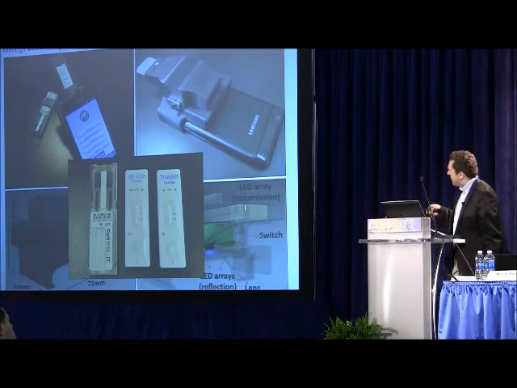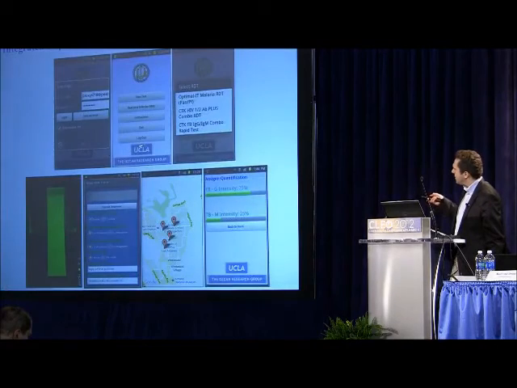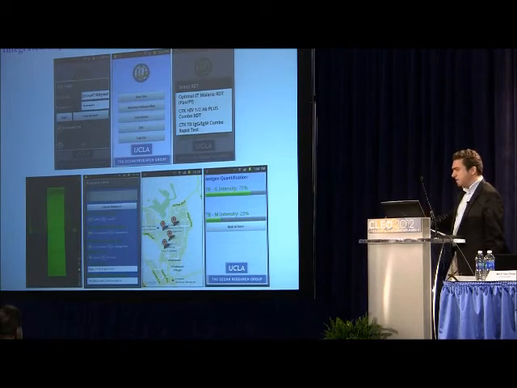So we've created a platform which can read any rapid diagnostic test universally using an attachment to the cell phone, and there's an application on the cell phone which captures this image. It could be a fluorescent rapid diagnostic test, or simply reflection or transmission, and then we quickly quantify it and understand if the test is valid or not, and then of course we can quantify whether it's positive or negative.